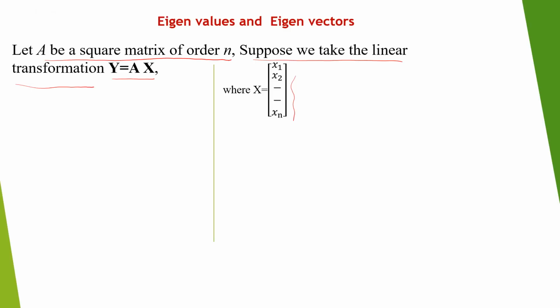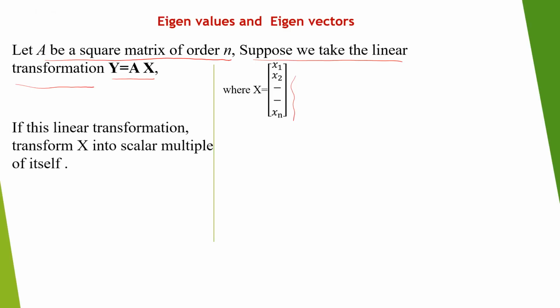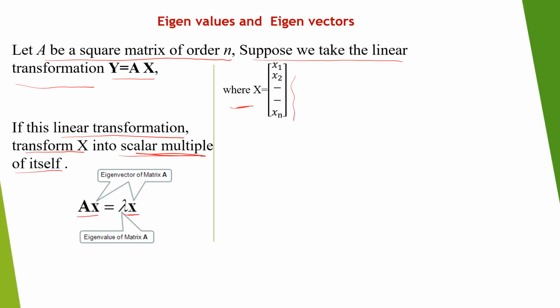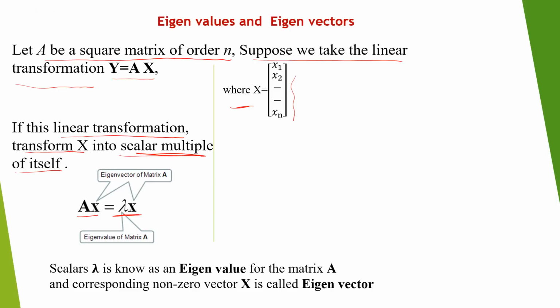If this linear transformation transforms that x into a scalar multiple of itself, that is Ax is equal to lambda x, then that lambda is known as the eigenvalue, and that non-zero vector x we say is the eigenvector. So here Ax is equal to lambda x is a transformation, and we get our lambda x.